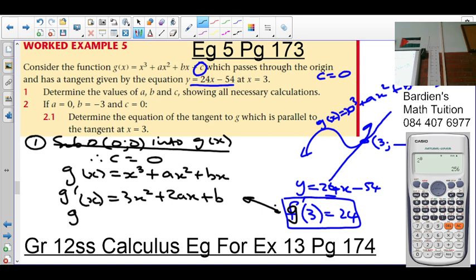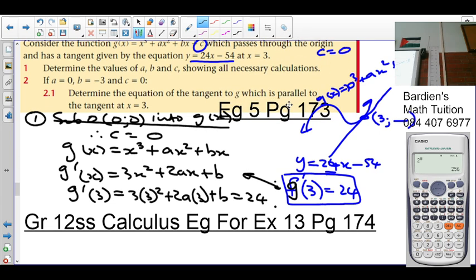So I now say g dash of 3 is equal to 3 times 3 squared plus 2a times 3 plus b is equal to 24. So what I'm going to do is make b the subject of the formula.